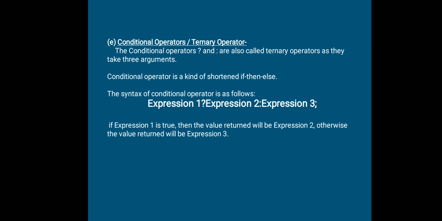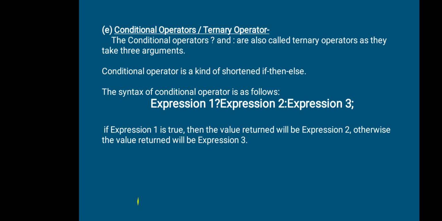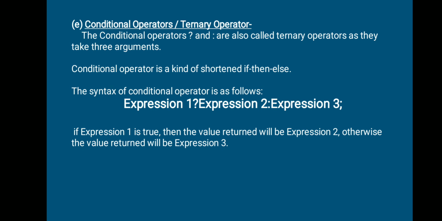Conditional operator. All of you know what a conditional operator and a ternary operator are. Ternary means three operands. An operator which is applied on three operands is known as a ternary operator. Thus, the conditional operator question mark colon is similar to an if-else statement.